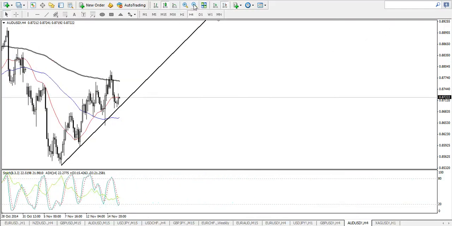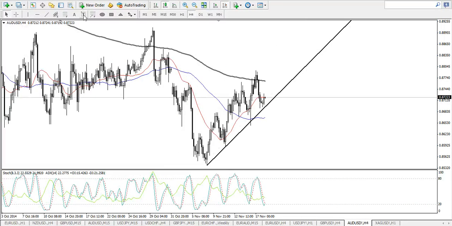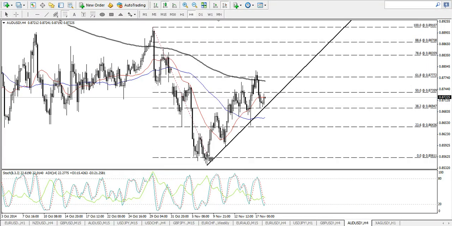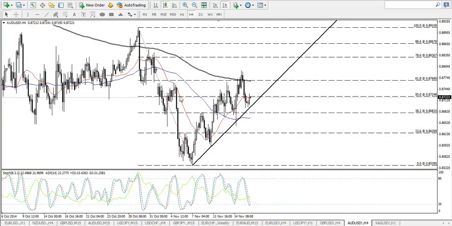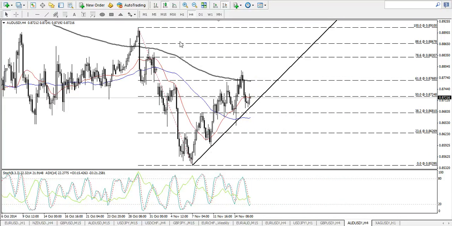But if we are going to look at the major trend itself, we will still wait for further retracement. What we can see here is that the 200 moving average can act as one. It coincides with the retracement level of 61.8%.